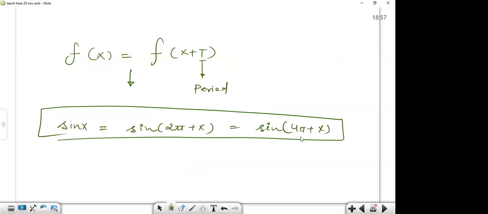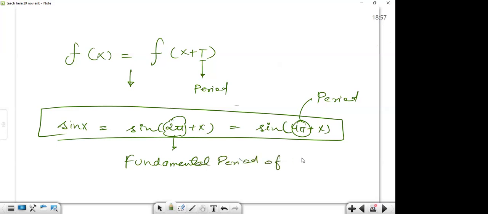Now, 4 pi is also a period of the sine function, but 2 pi is the least period, so that's why it is called the fundamental period of sine x.